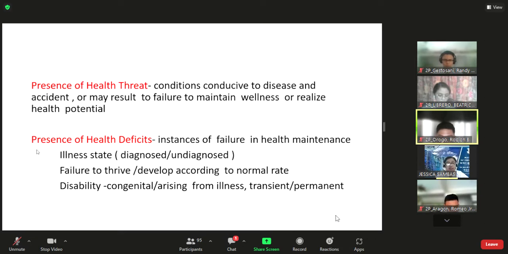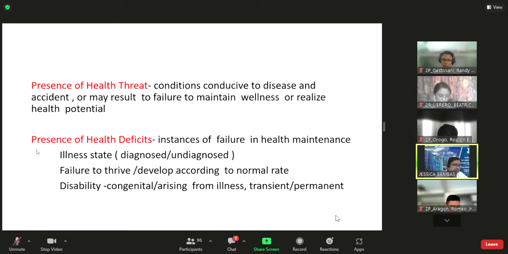So, kung i-categorize po natin ito under first level assessment, unhealthy personal habits, specifically alcohol drinking, is it a threat? Is it a deficit? Is it a wellness state? Or meron pang isa, yung ating presence of stress points or foreseeable crisis.